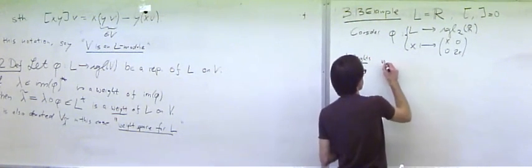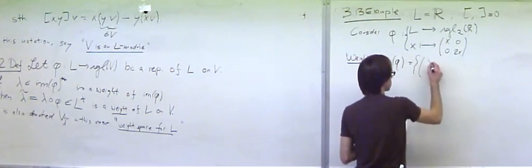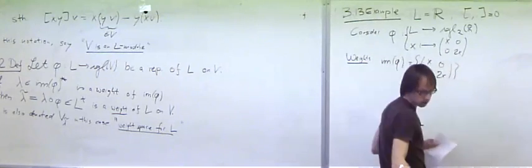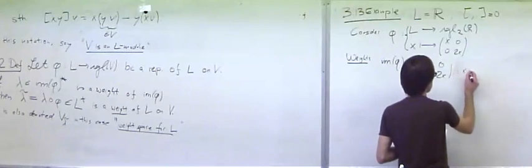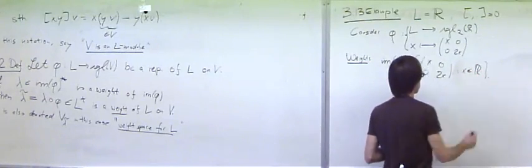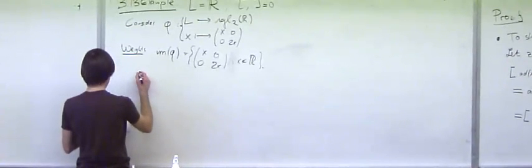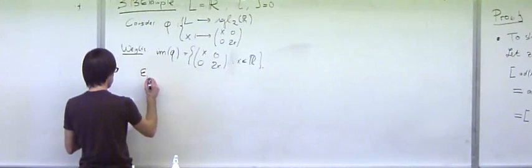So what's the image of phi? That's the set of all matrices with entries x and 2x, where x is any real number. And did I denote this?